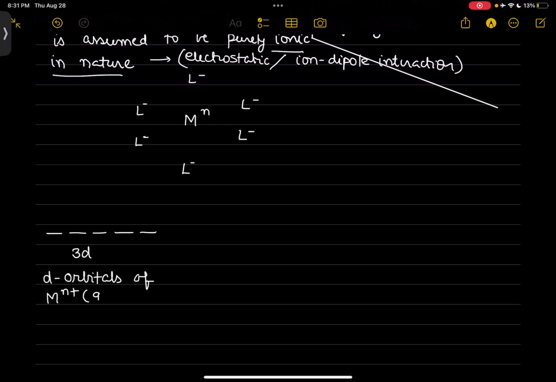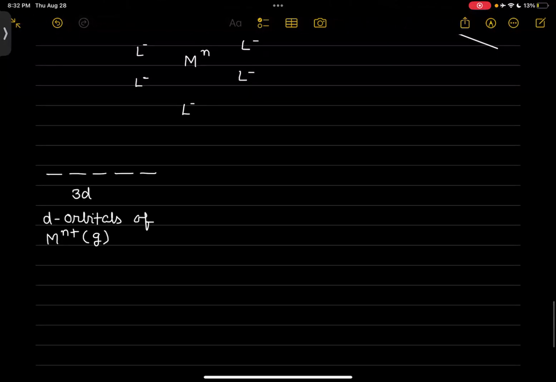Look here, I'm writing in the bracket 'gaseous', which means an isolated gaseous ion.